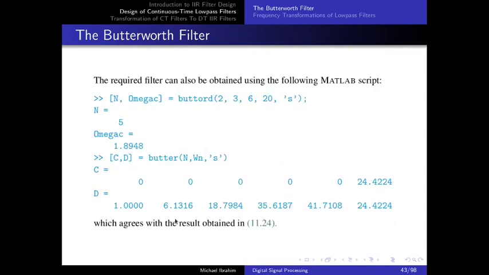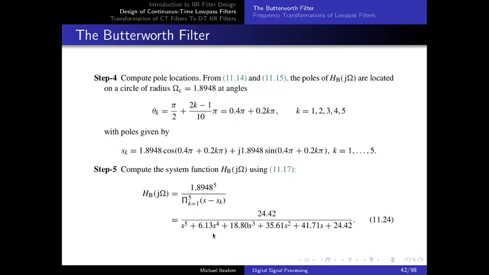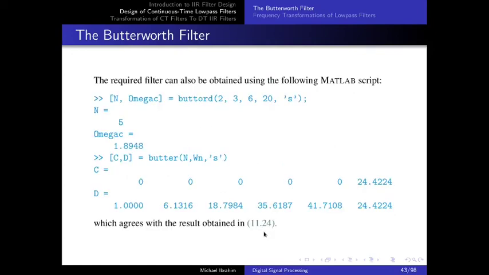And in the denominator we have the constant, s to the power 1, s to the power 2, s to the power 3, s to the power 4, s to the power 5. So it's basically s to the power 5 plus 6.13 s to the power 4, and so on. If you go back over here, you'll have the same coefficients. So the command butter will give you the coefficients of the polynomials in the numerator and the denominator.